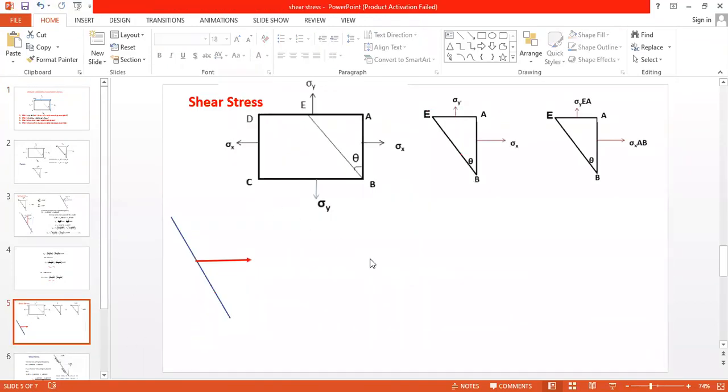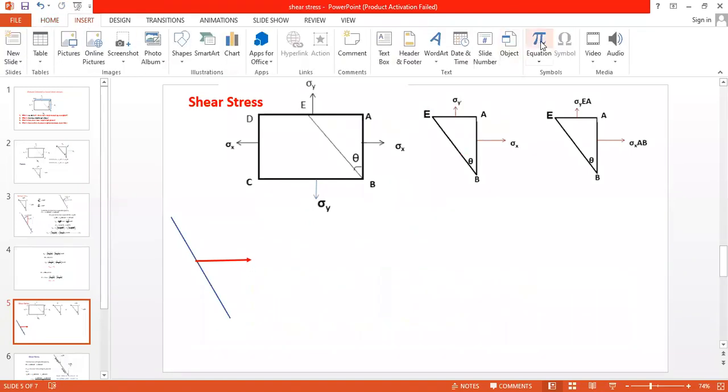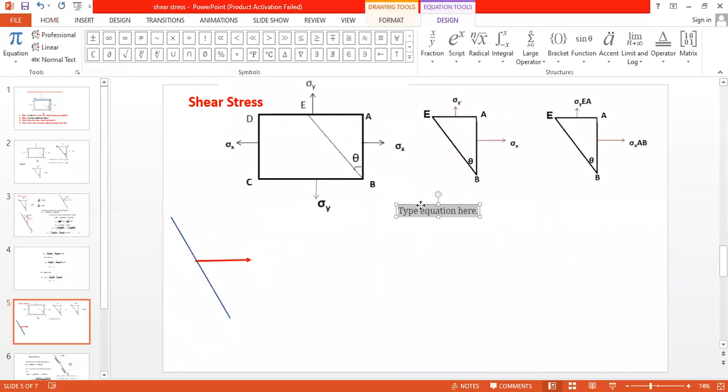Now shear stress, again you see this body. In normal stresses we have resolved the forces, we have considered the normal component of the force. Now what is this force here? This is sigma x, and this is sigma x AB. Am I right?